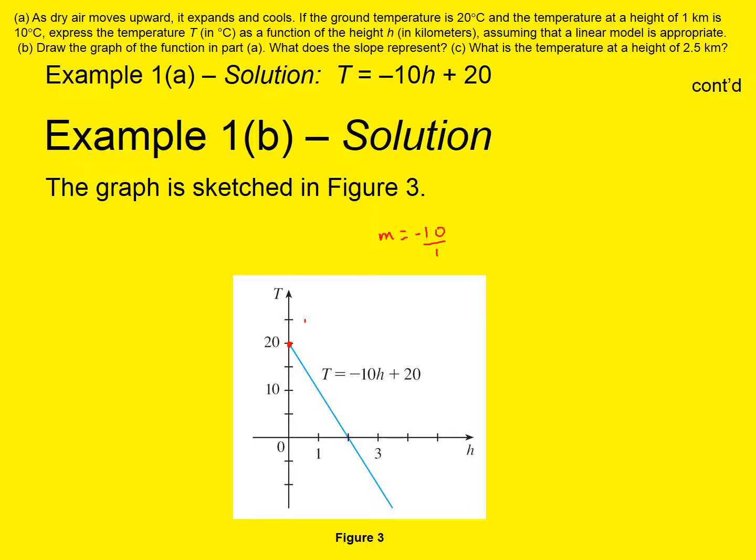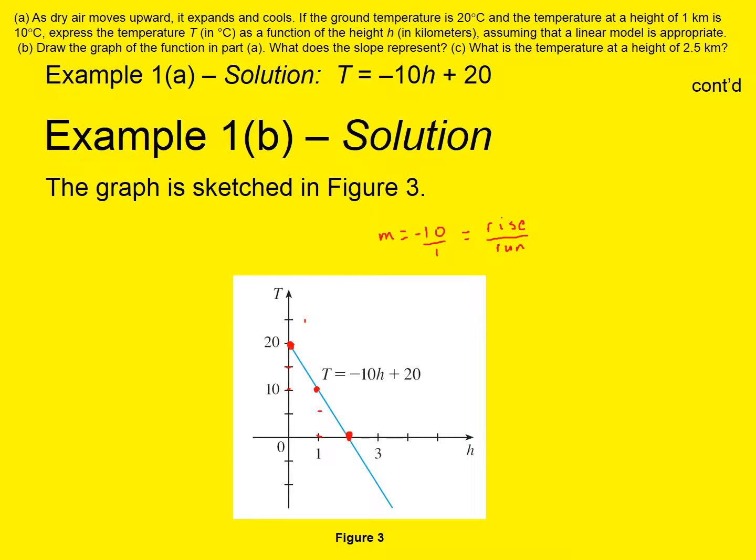So, since that is rise over run, that's what slope is, rise over run, we're going to rise negative 10 for every 1 we run. So from here, rise negative 10, run 1, rise negative 10, run 1. So we're getting these other points. And so therefore we can get the graph of the function.